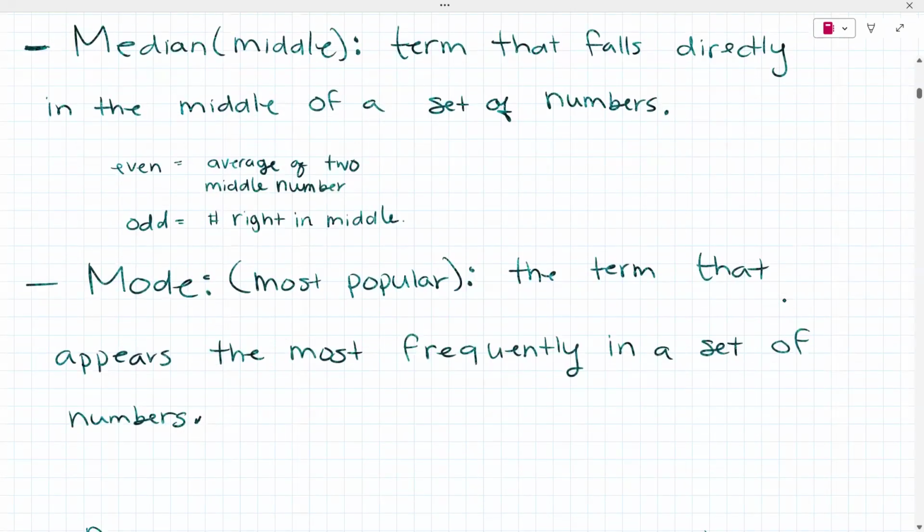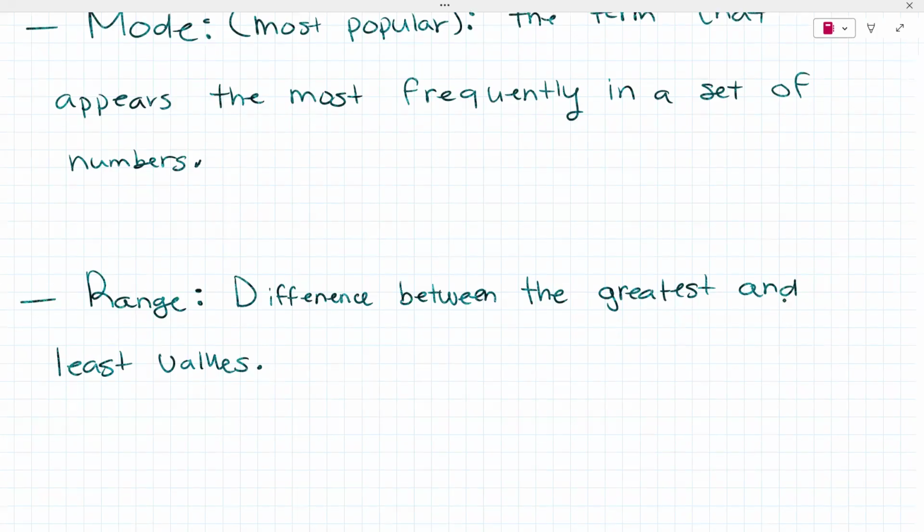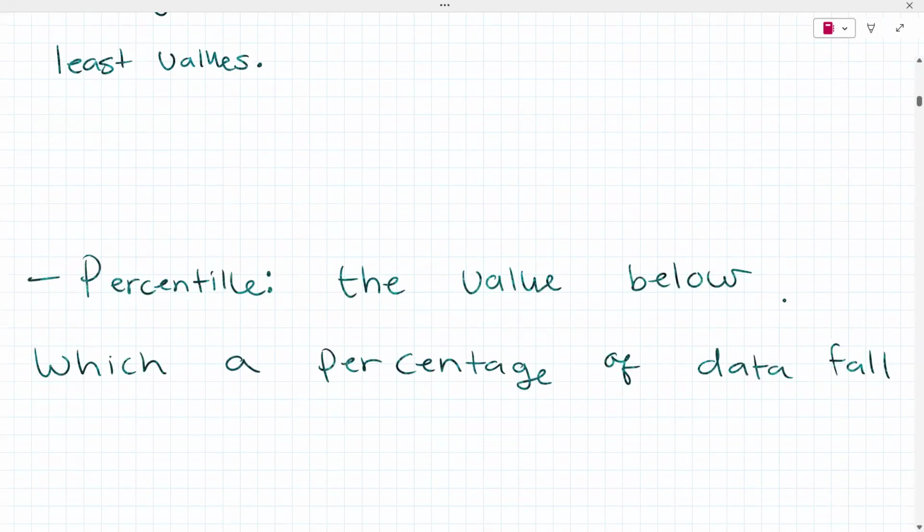Mode is the most popular term, the one that appears most frequently in a set of data. Range, if you ever hear the word range, is the difference from the greatest number to the least value, so basically the largest number minus the smallest number. Percentile is the value below which a percentage of data falls.